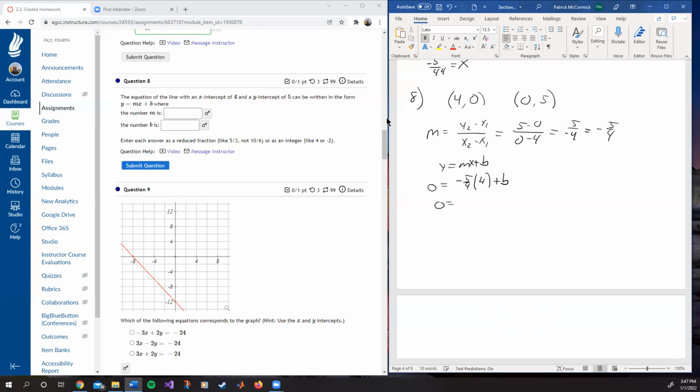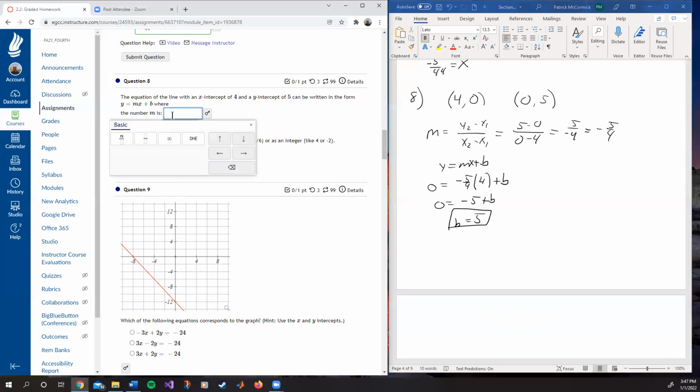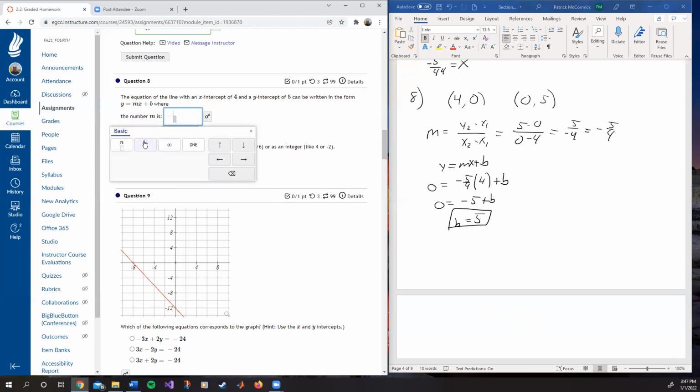So I get 0, the 4's cancel, -5 plus b, so b equals 5. So let's write in our numbers. So m is -5/4, b is equal to 5.